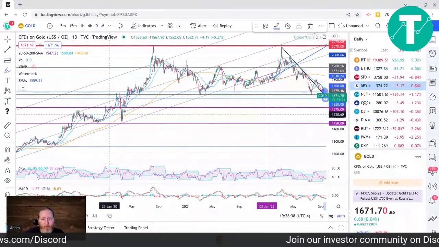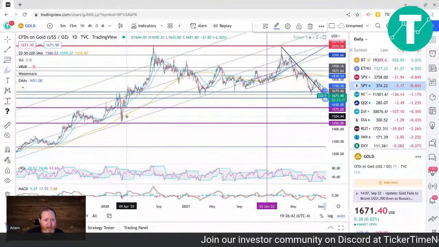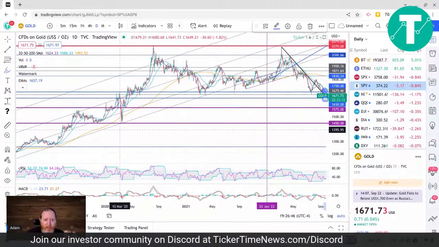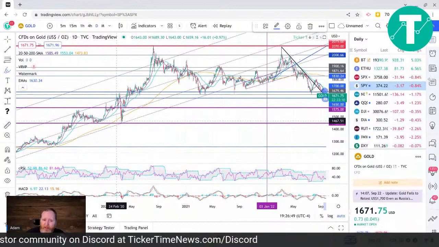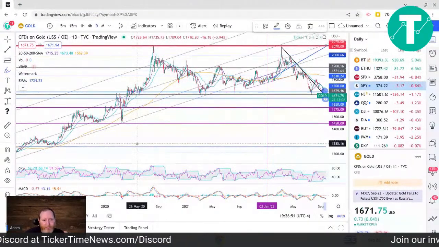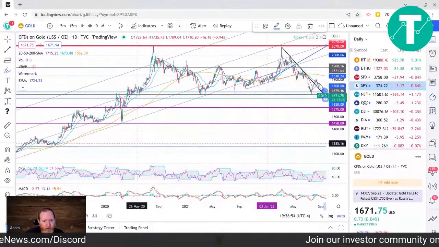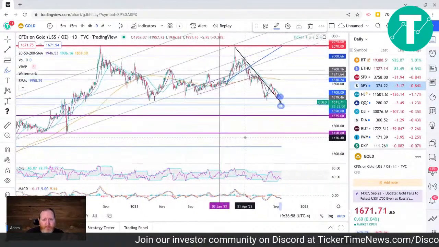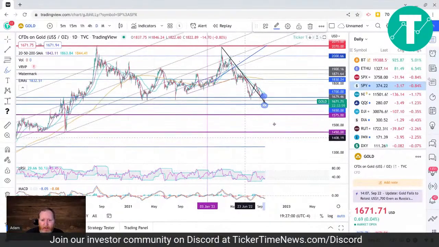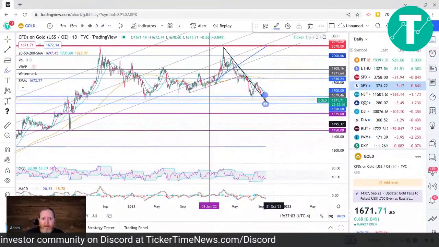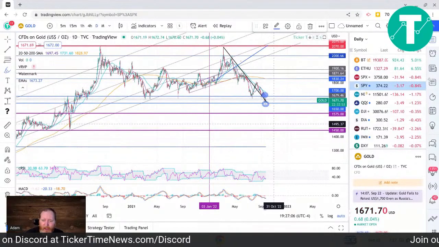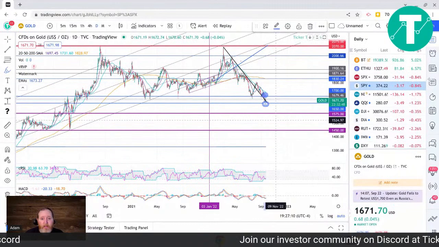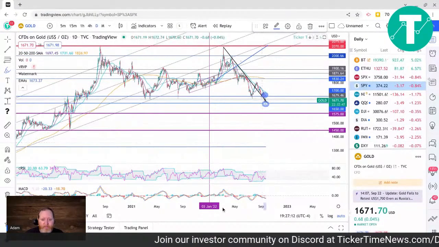If gold can't hold that 1575, well, then it's down to 1450. That's the next area of support. So a zone in between there is not where we want to see gold go. And gold doesn't typically move in big bursts, so don't expect it to fall that far anytime soon. It would take a lot of that greenback continuing to rise in order to push gold that low. But do be aware that that is a possibility.